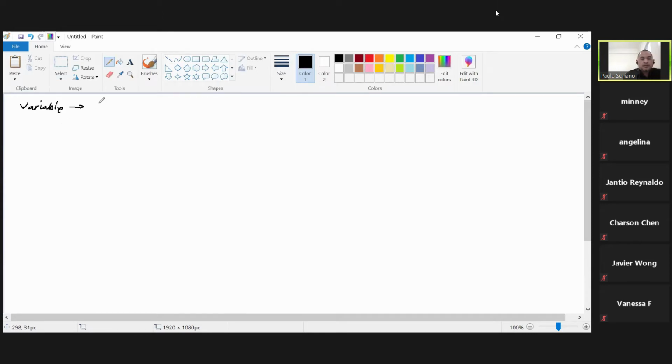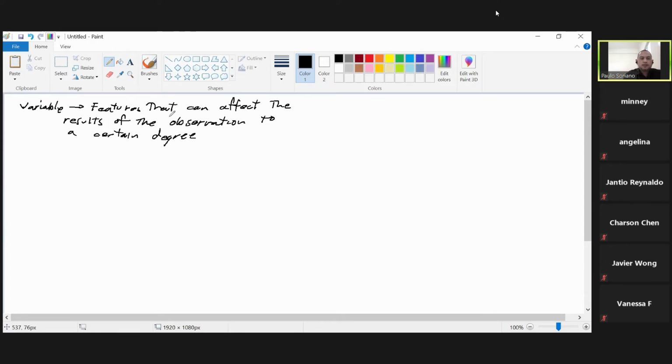These are now the characteristics or features of what we are observing that can affect the results of the observation to a certain degree.